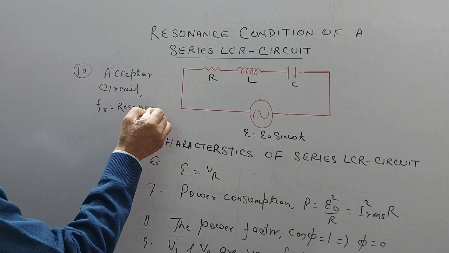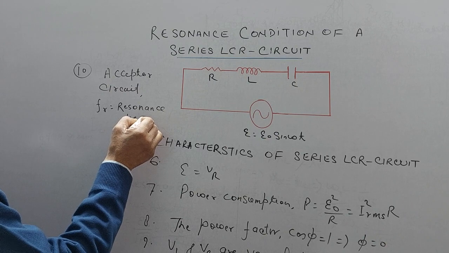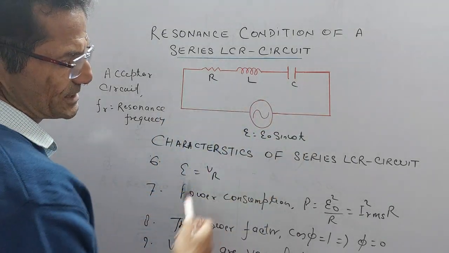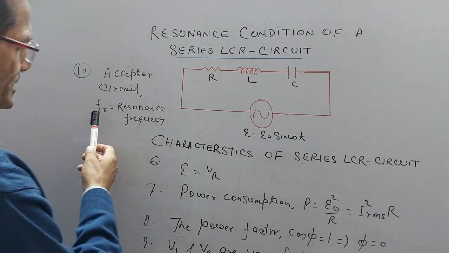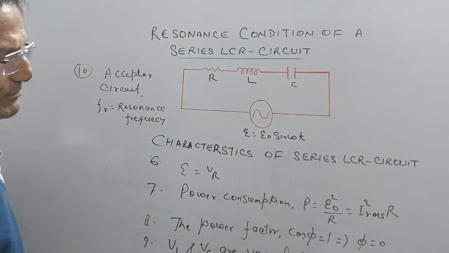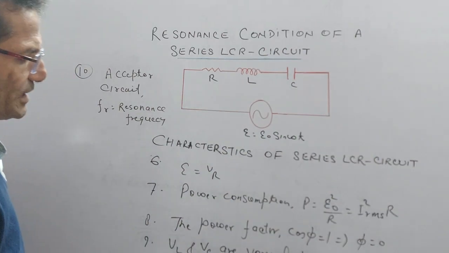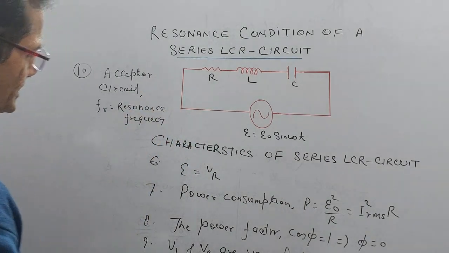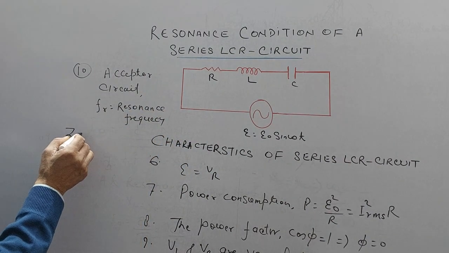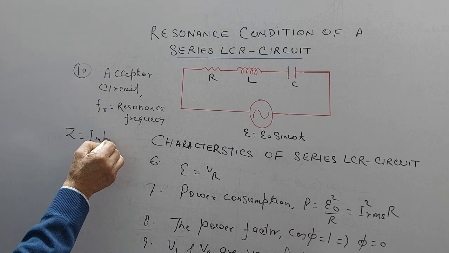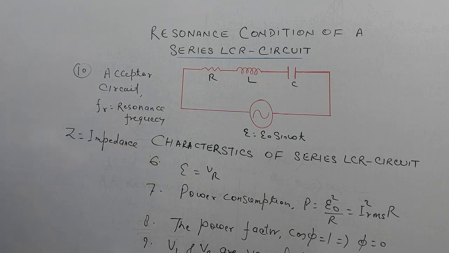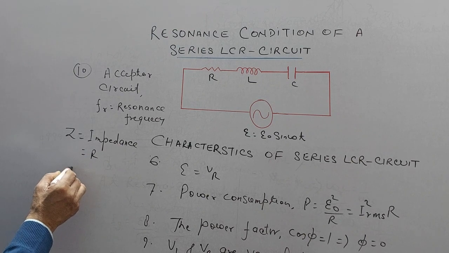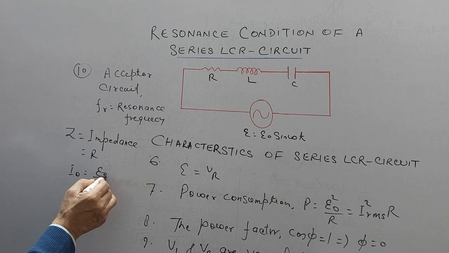At this resonance frequency, the current in the LCR circuit becomes maximum and the impedance becomes the smallest value, which is the resistance R. So the impedance becomes R and the maximum current becomes the voltage amplitude divided by the resistance.